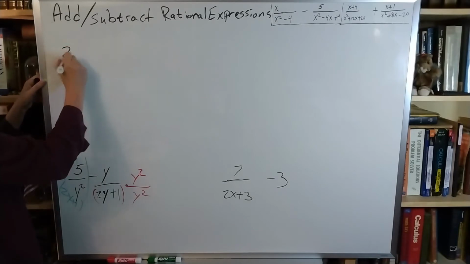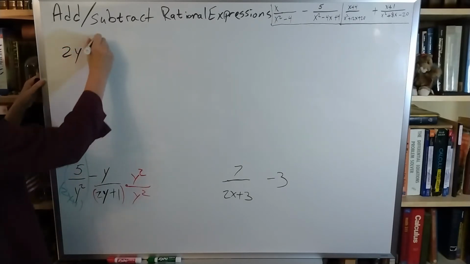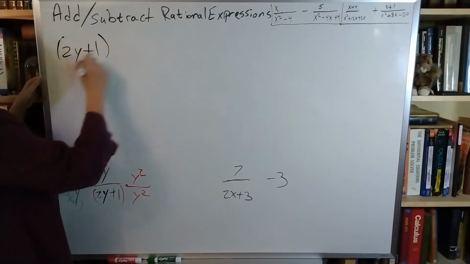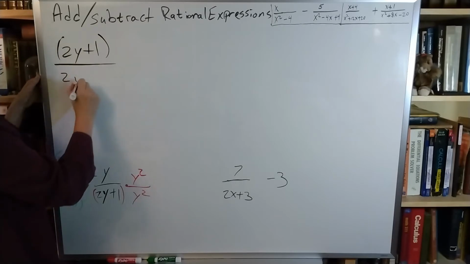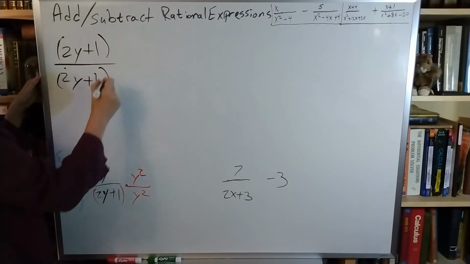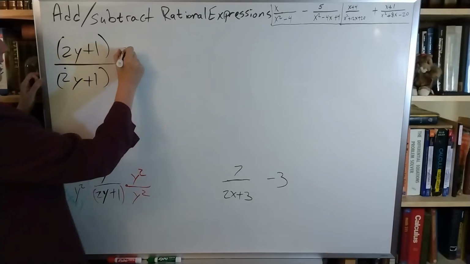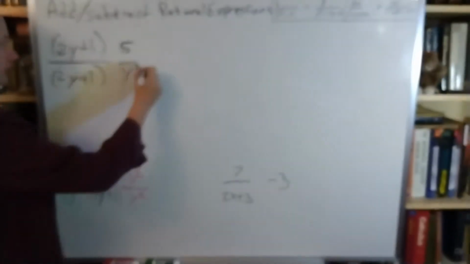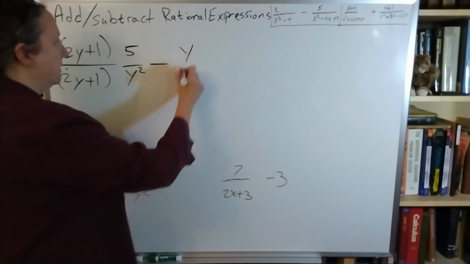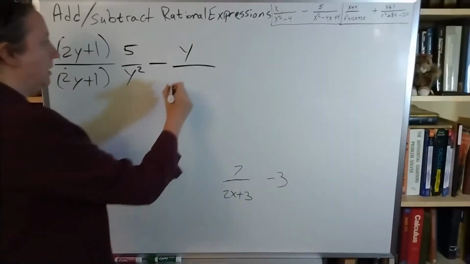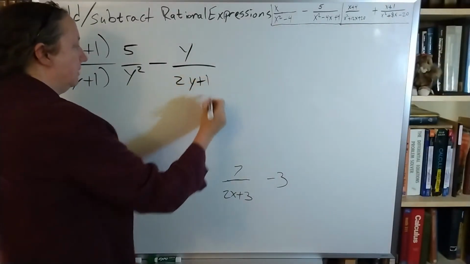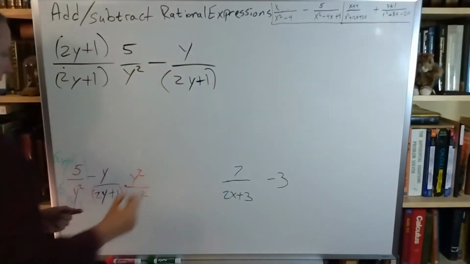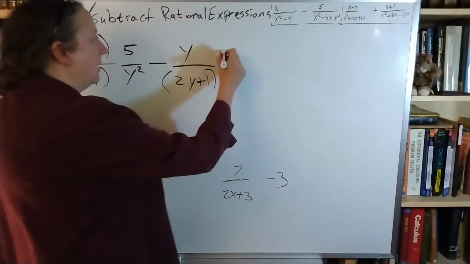So what I have is my 2y plus 1 over itself, times 5 over y squared, minus y over 2y plus 1 times y squared over y squared.